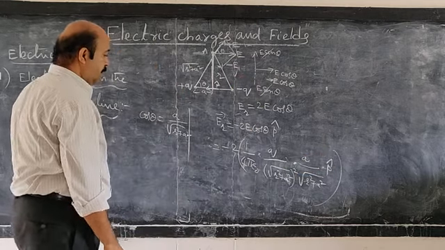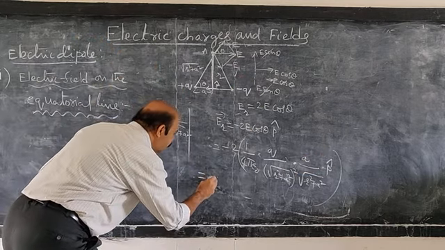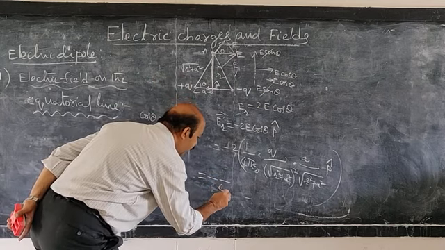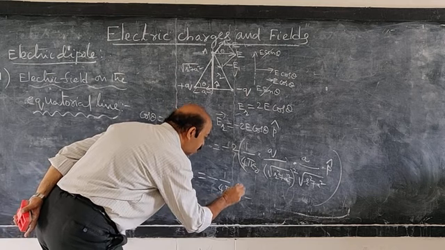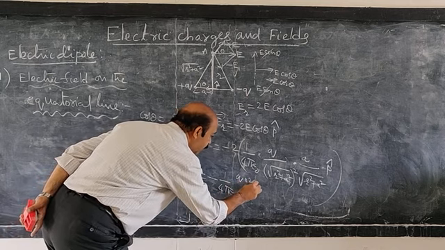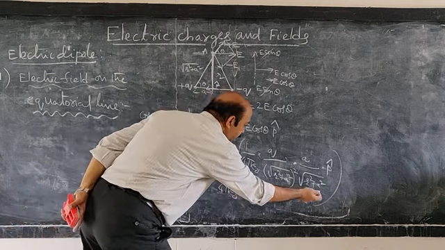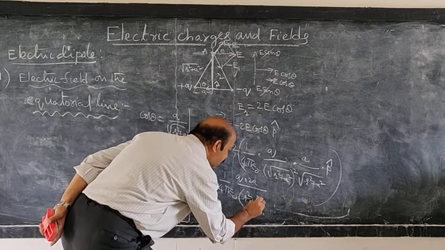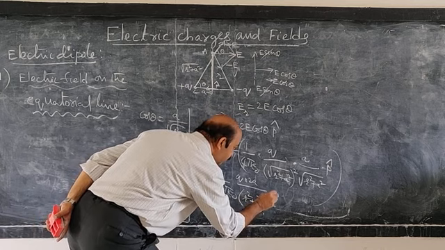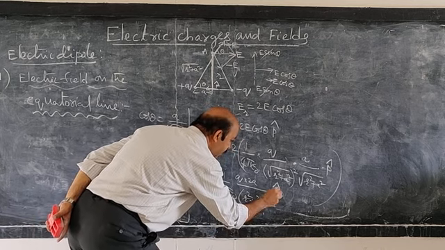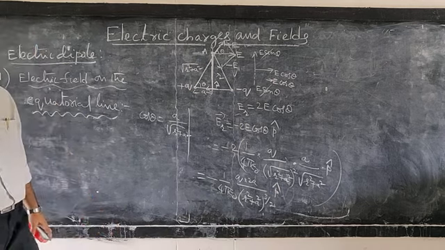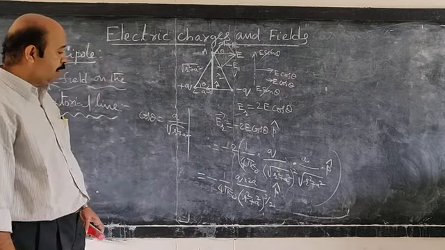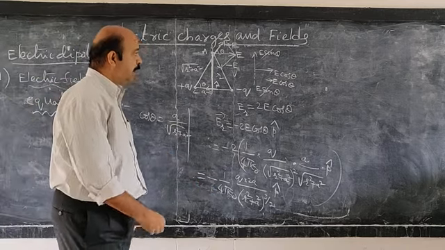Here I can rewrite it like this: minus 1 by 4 pi epsilon naught, q into 2a by, when you multiply these two, what you get is r square plus a square to the power of 3 by 2, into p cap. This q into 2a, as I already told you, is the dipole moment.